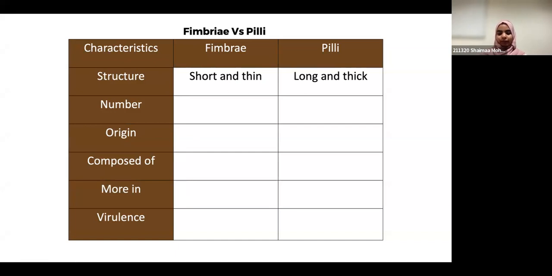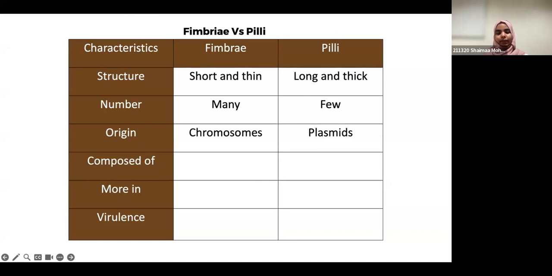Fimbriae are more, and pili are fewer in number. Okay. What about the origin, or what encodes for it? Chromosome for fimbriae, and pili? Plasmids, okay. As I said, PP, okay.